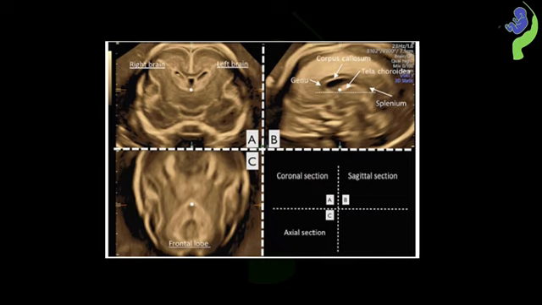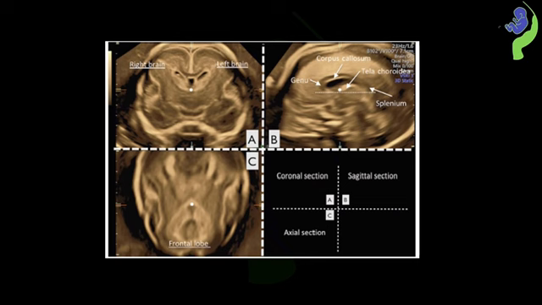Once these adjustments are completed, in view A, the left side of the displayed image corresponds to the right hemisphere, while the right side of the displayed image corresponds to the left hemisphere. As a final step, move the 3D reference point in view B to the anterior portion of the tela choroidea.